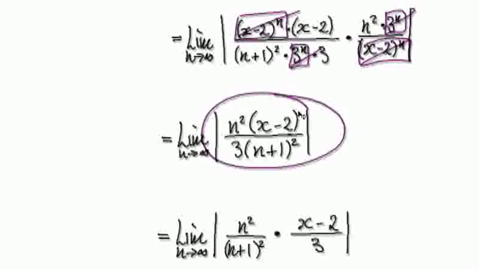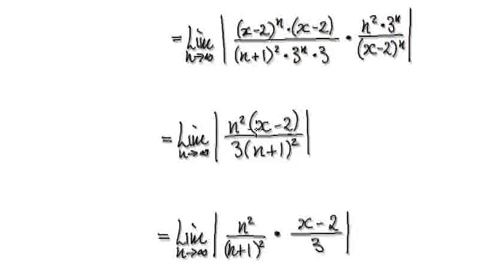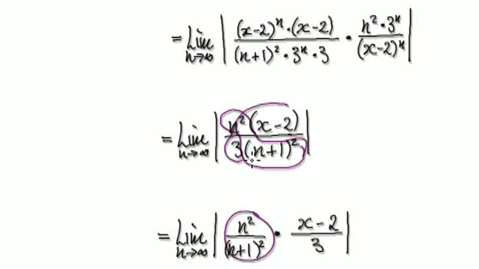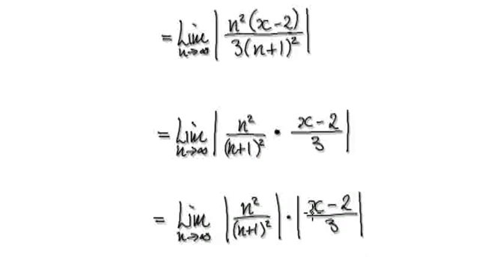Okay, so now group all the n's together and all the x's together. Group all the n's together, so that will give you this, and then group these together, that will give you this.